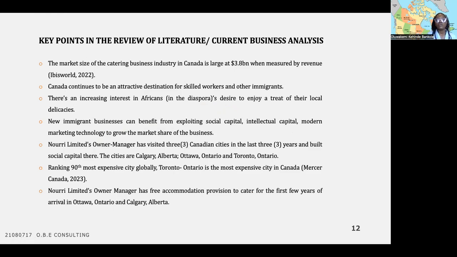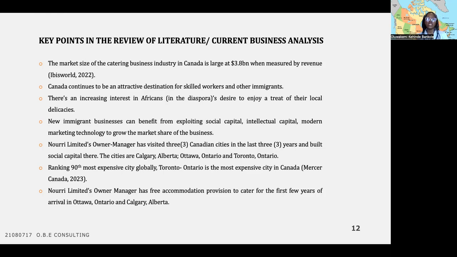Key points in our review of literature show that the market size of the catering business industry in Canada is blossoming. It also shows that new immigrants can benefit by utilizing social capital and modern marketing technology to grow their business. The review of current business state analysis also showed that the owner-manager of Nourri Limited has visited 3 Canadian cities that have now become cities of preference.